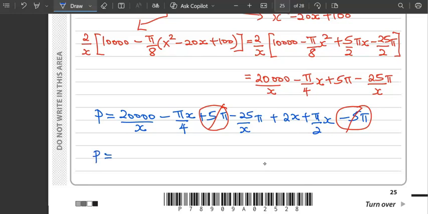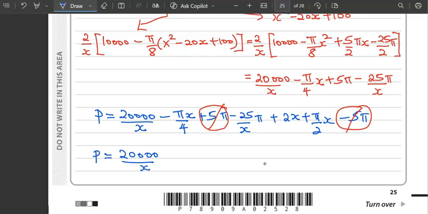So that what we'll have here will be P equals 20,000 over x. We can also simplify negative pi x over 4 plus pi over 2 x plus 2x.